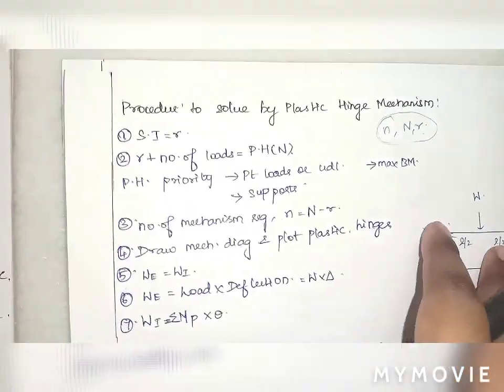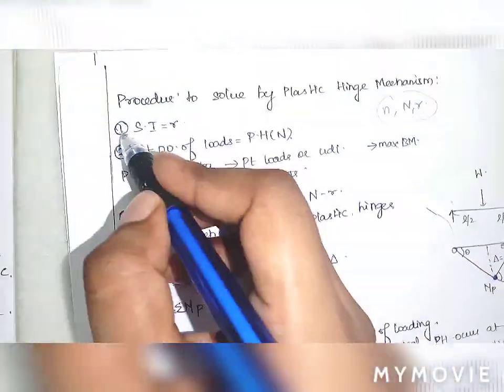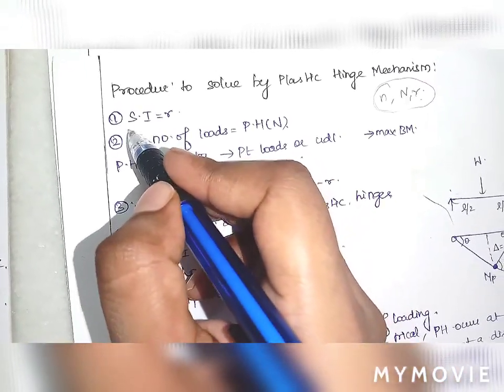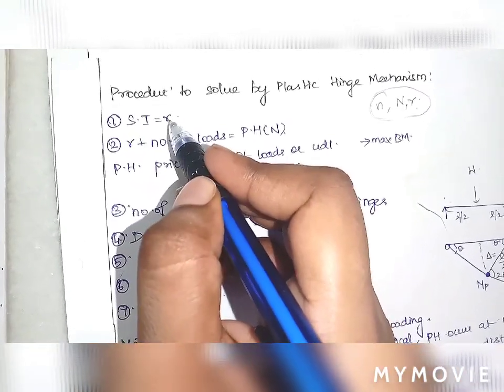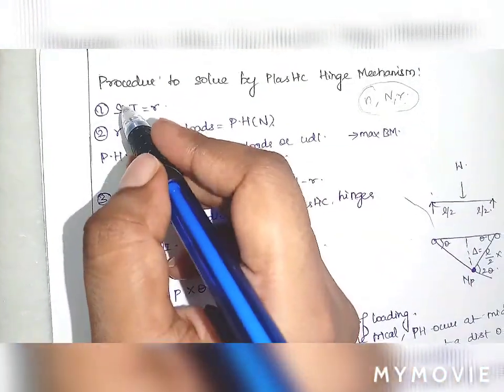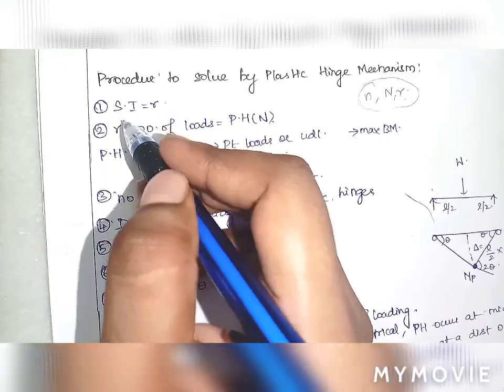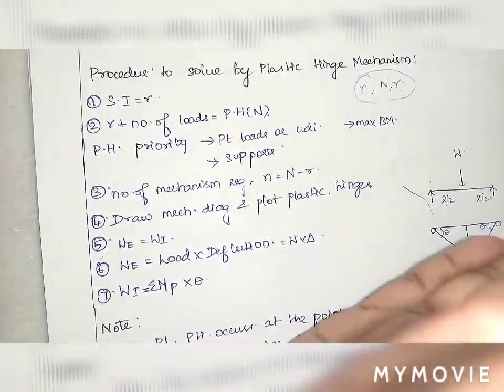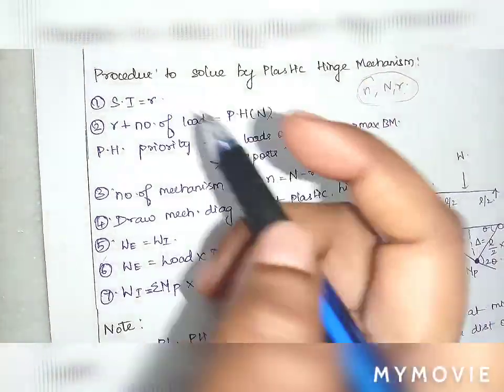Okay. So next thing, the procedure is, first step we have to calculate the statical indeterminacy of the given beam. So this step by step procedure is only for beams. Okay. For columns also there won't be much change, but just keep it in mind, this is for beams.